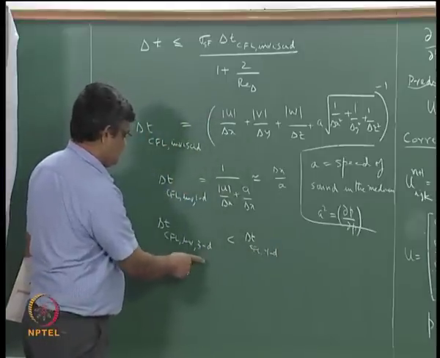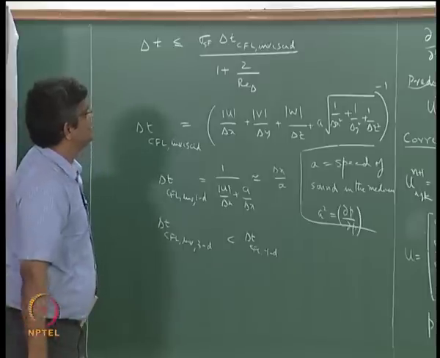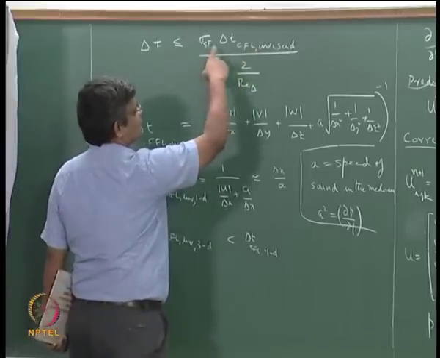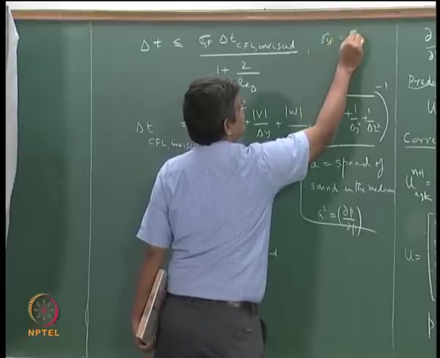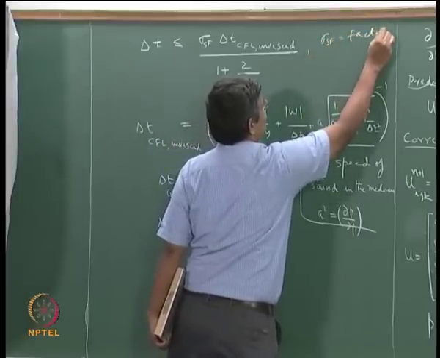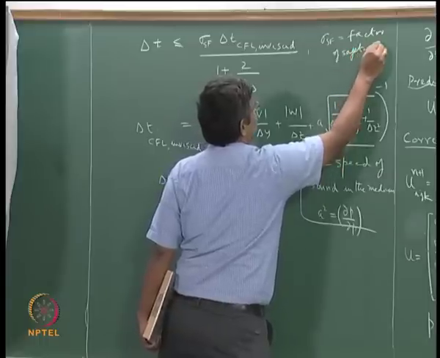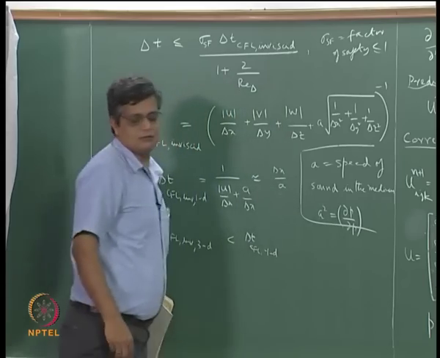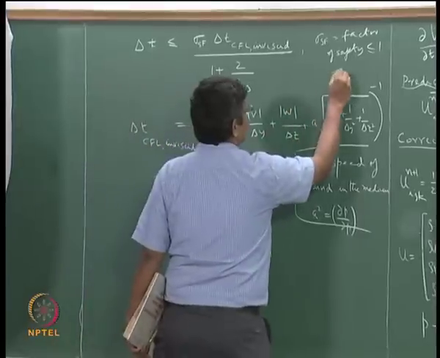Now this CFL is what is coming here in the 3D, and this is being multiplied by a factor of safety. Sigma SF is a factor of safety because we can't evaluate this exactly, and it is less than 1 for it to be a factor of safety, and is typically taken to be about 0.9.